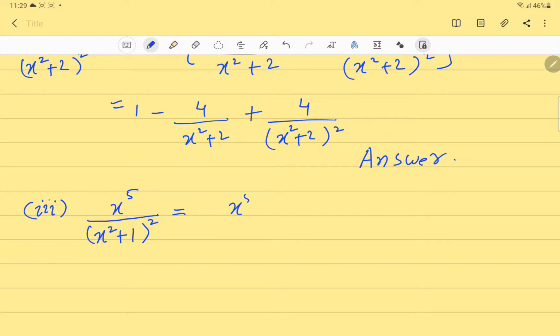For that purpose, we first have to open the bracket in the denominator. We will be getting x^4 plus 2x squared plus 1.